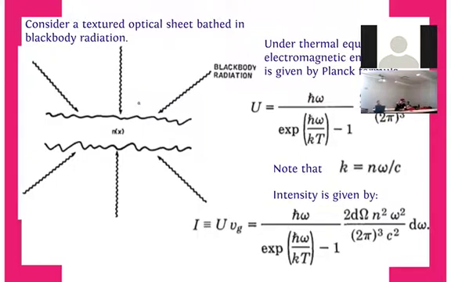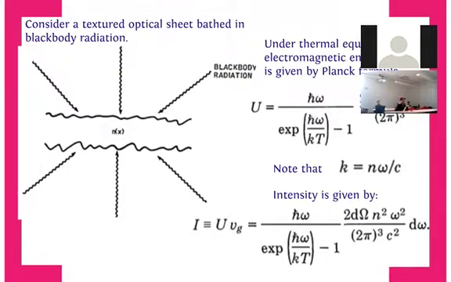Under thermodynamic equilibrium, you can calculate the energy density within this material, or how much electromagnetic energy is inside this material per unit volume. This comes from quantum mechanics, so we won't go into the details, but that's the basic idea.